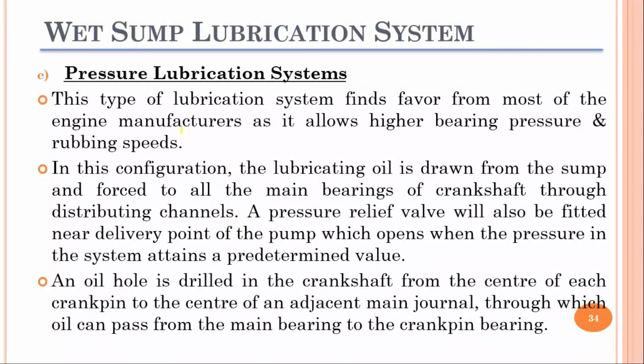And this is the last type of the wet sump lubrication system, and it is of the pressure lubrication system. In this pressure lubrication system, we are not relying on the splashing, rather we only have the pressurized pipes which will provide the lubrication oil to all the essential parts of the lubrication system.